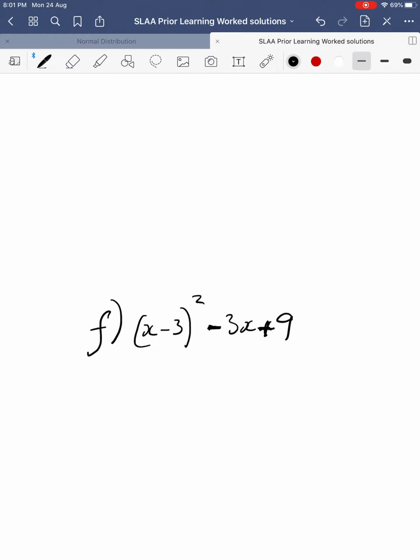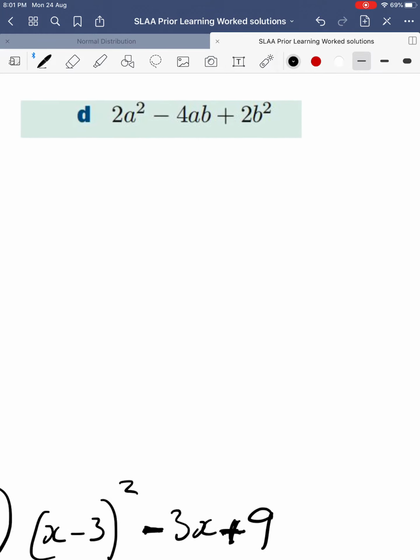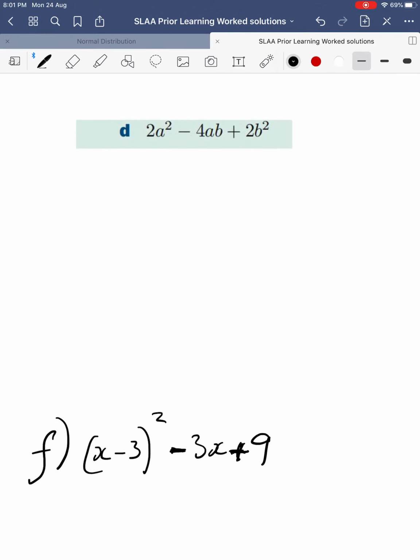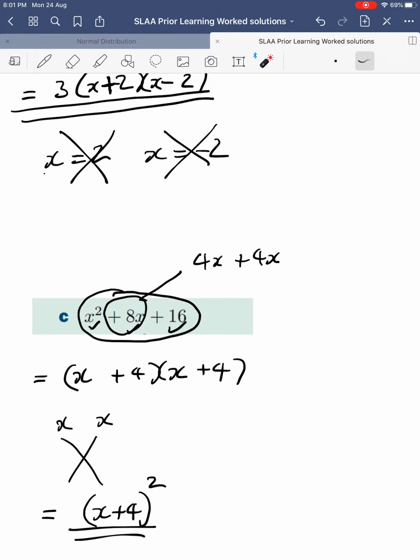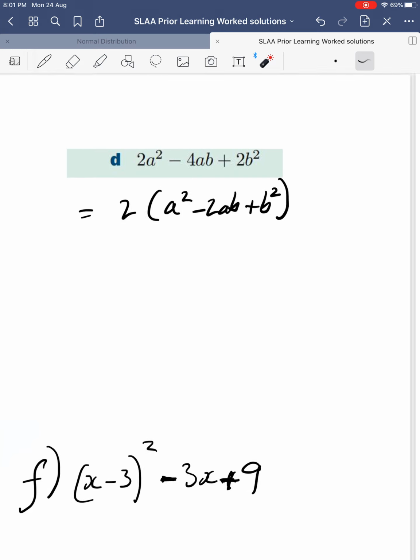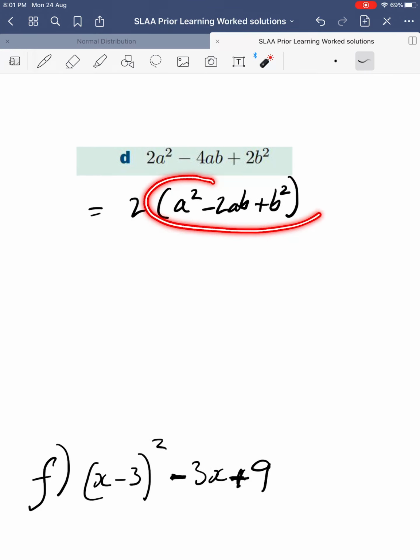Okay. Up here now, this is quite an interesting one. Again, we're going to take out that single factor first. 2 comes out first, a squared minus 2ab plus b squared. And it doesn't look like anything else will happen because it doesn't quite look like this one where it was all in a single variable with x's. It seems to have 2 variables, a's and b's.